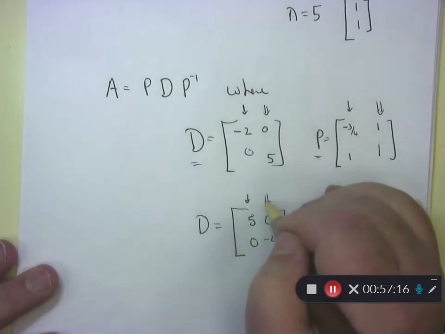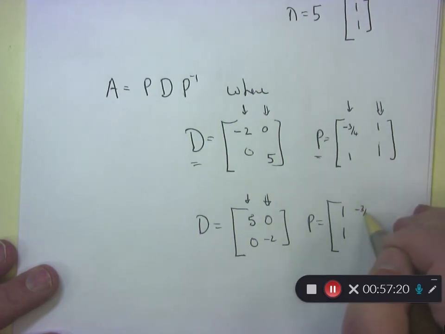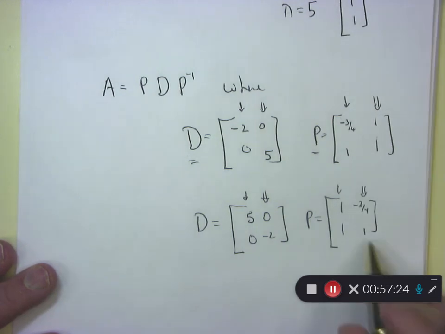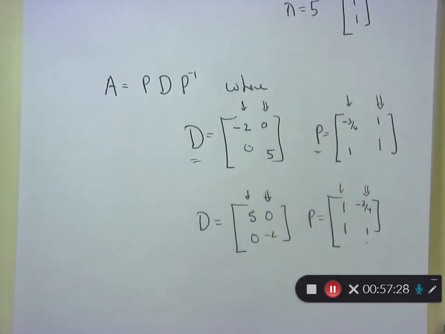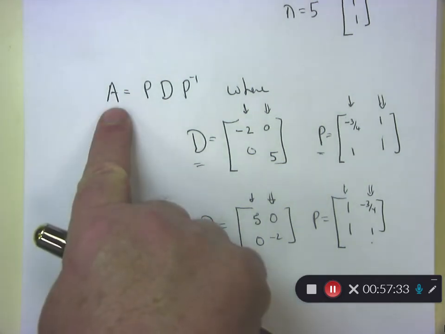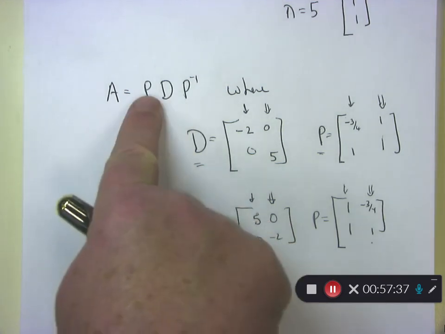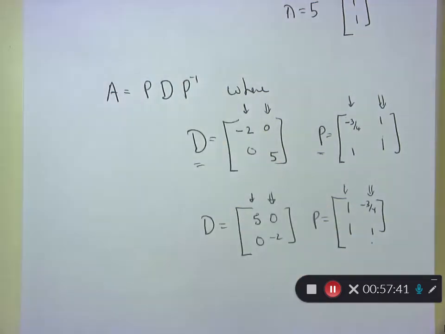And since the negative 2 eigenvalue is in the second column, the negative 3/4, 1 has got to be in the second column. This would be the P matrix. So order matters is what I'm trying to get at. Does that make sense? And now you can actually go and power up this guy. It'll be the same thing as P times the powering up of D, which is multiplied by the diagonal, and then P inverse.